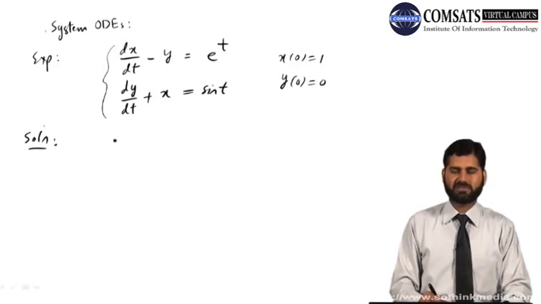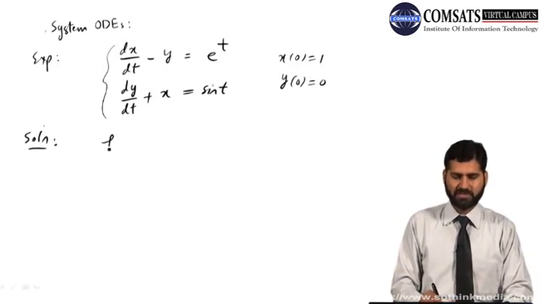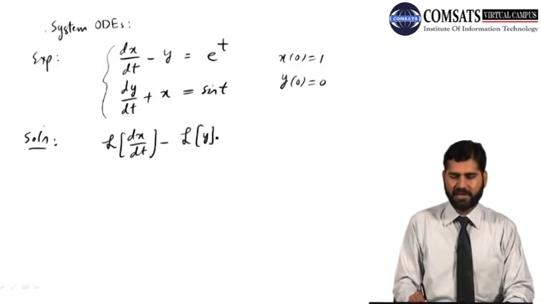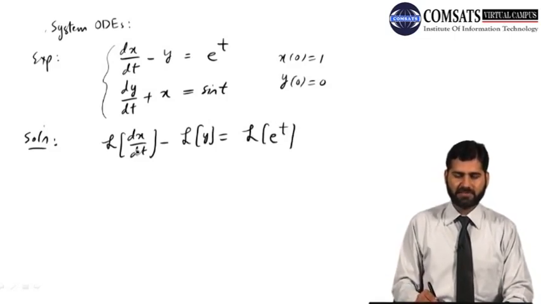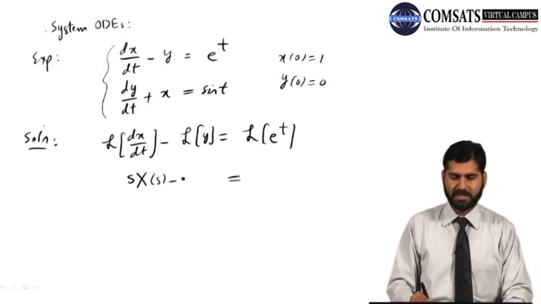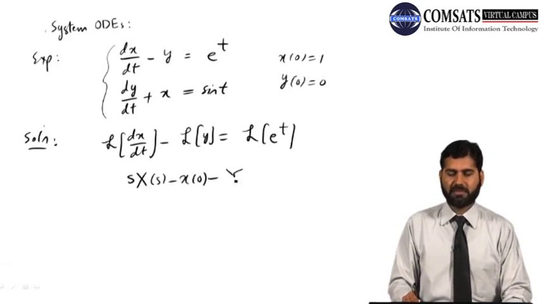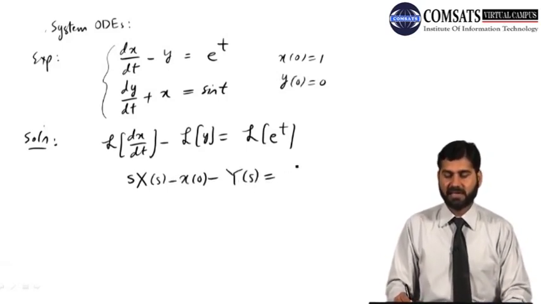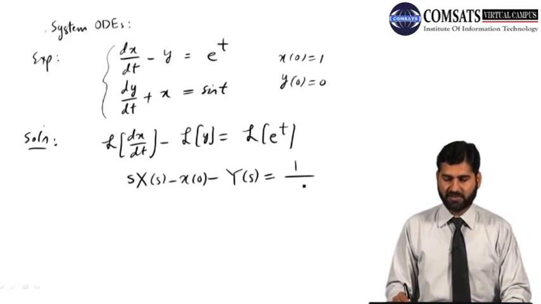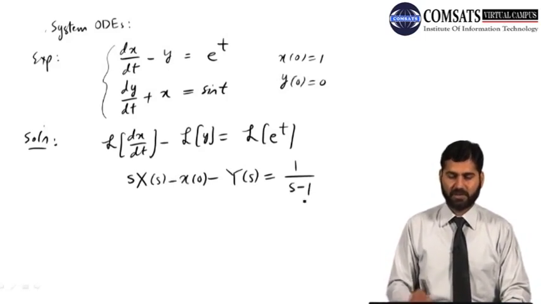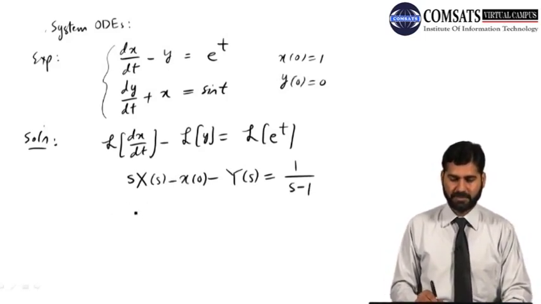So let's take the Laplace transform of both the equations. So the Laplace transform of dx/dt minus the Laplace transform of y is equal to the Laplace transform of e^t. This will give me sX(s) minus x(0), minus Y(s), let's call it capital Y, and the Laplace transform of e^t is 1 over s minus 1.